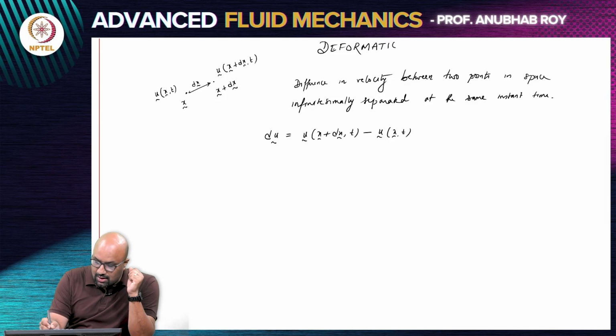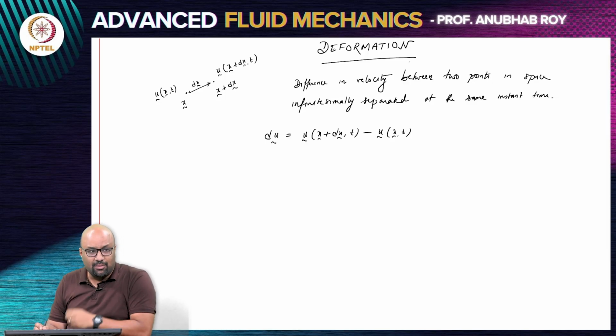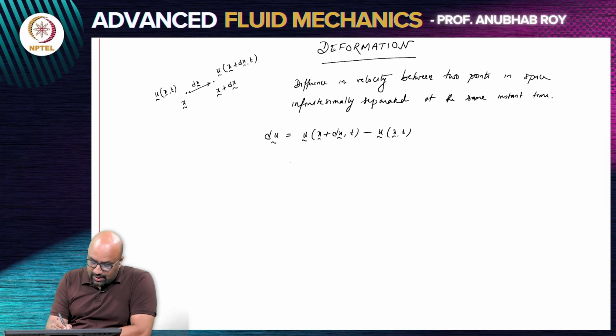So, this is our approach to find out what is the deformation that a fluid experiences. For understanding deformation, we need to understand what is the difference in velocity between 2 points in space. If we now exploit the fact that dx is small, we can do a Taylor series expansion for the velocity u evaluated at the point x plus dx about the point x.